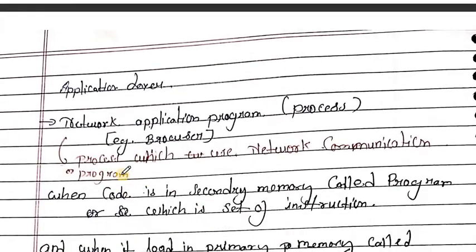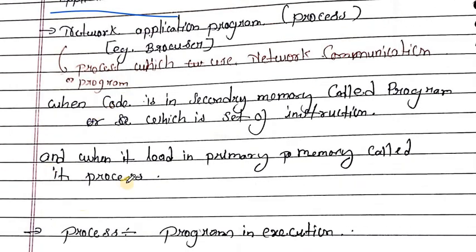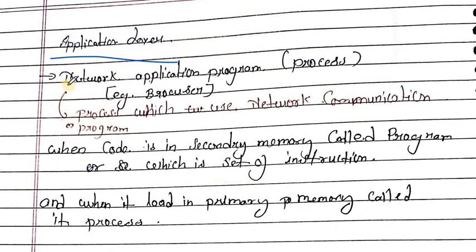So, the overview of the application layer. In the application layer, first we introduce the term network application program, or network communication program. In our system there are programs and processes.